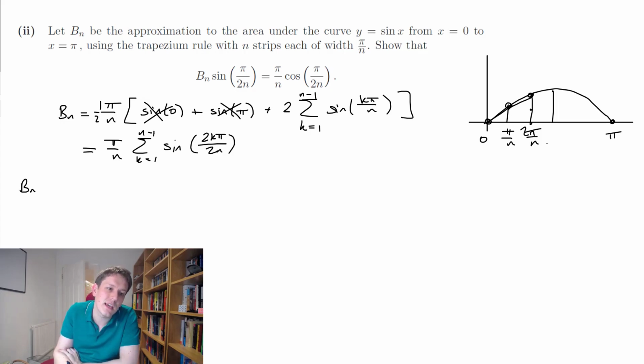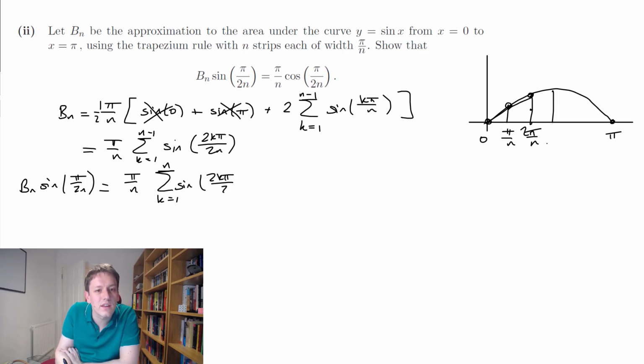So if I do b_n times sine of pi divided by 2n, I just get pi divided by n, sum from k equals 1 to n, of sine of 2k pi over 2n times sine of pi divided by 2n, right?